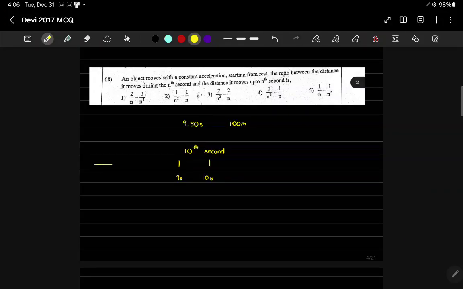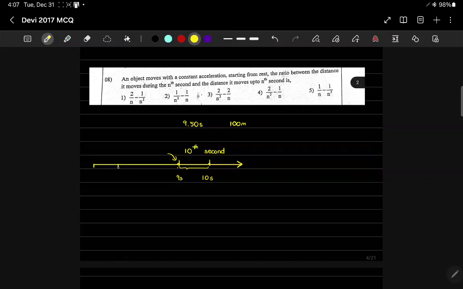If you can draw time as a line, these should be kind of like fixed points. If you are measuring time from a certain point, and if you can draw a line like this, these are specific points. What is meant by the 10th second? The second in between these 2 points.